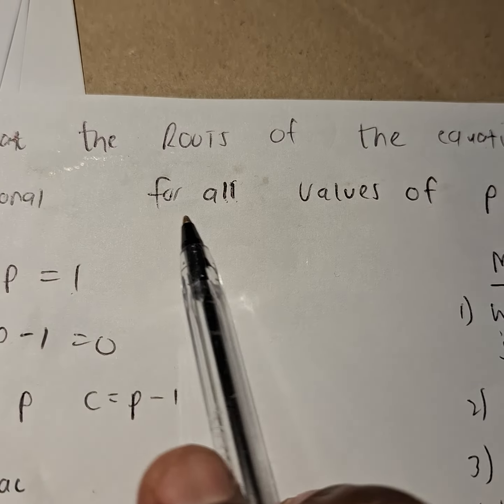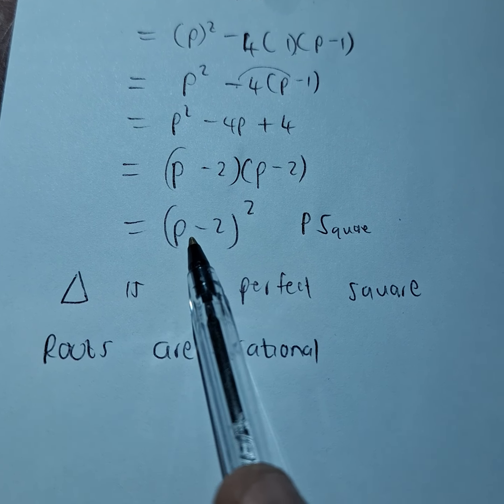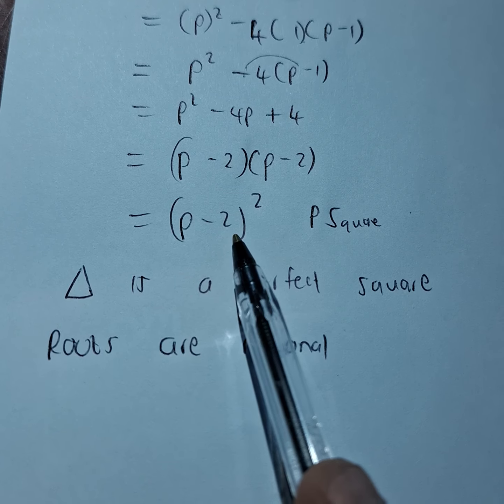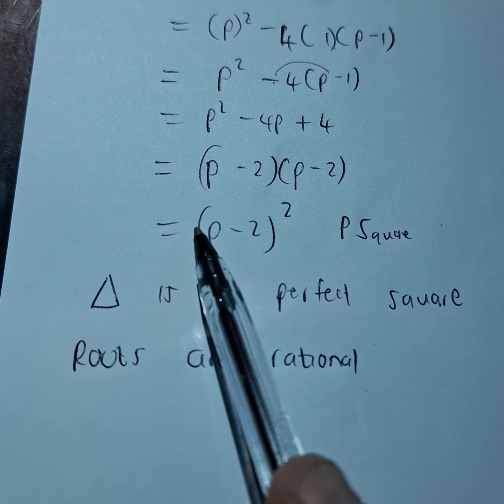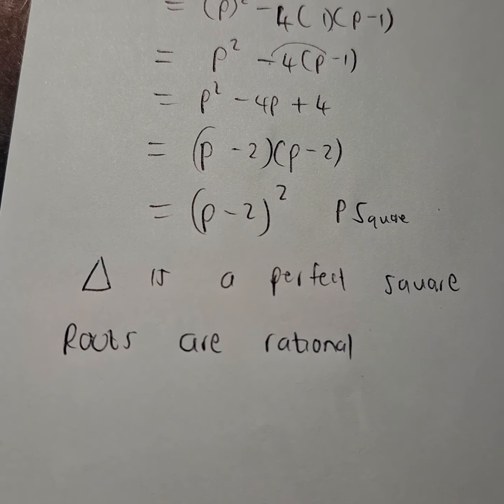Now it says for all values of p. In other words, any value of p that we substitute here, say we substitute 0, 0 minus 2 is negative 2. Negative 2 squared is 4, which means we always get a perfect square, which means delta is a perfect square, and therefore the roots are rational.